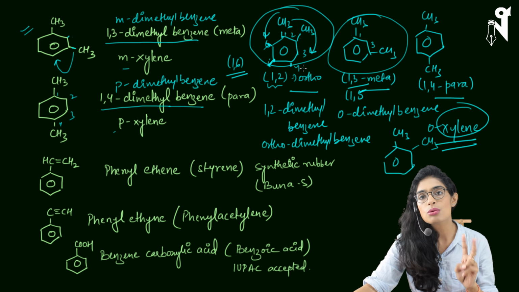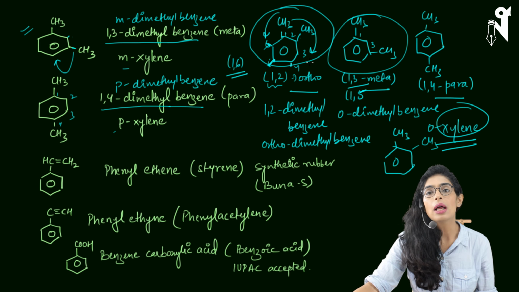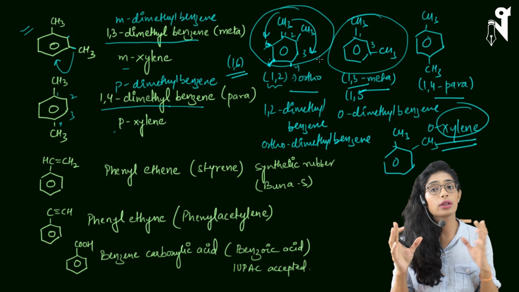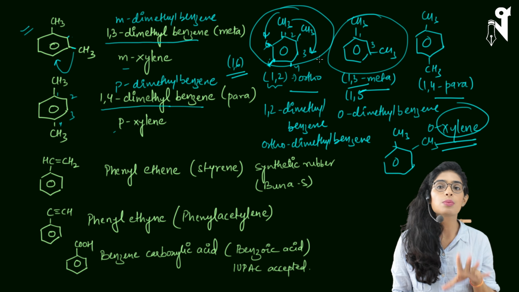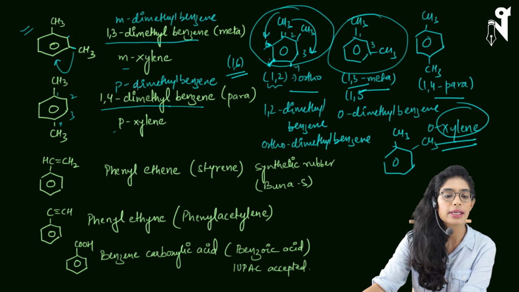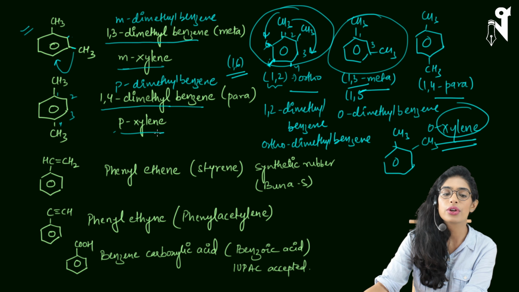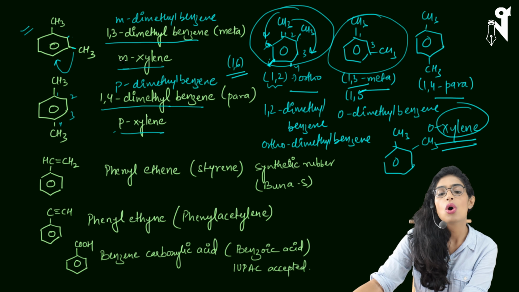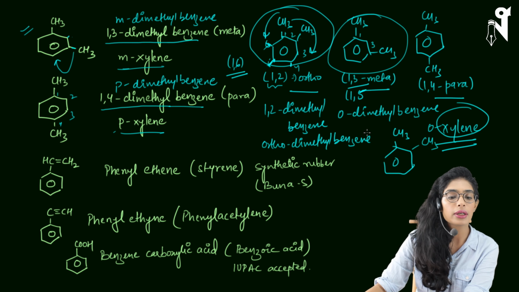So for meta, we have two types of positions, 1 comma 3 and 1 comma 5. For ortho, we have 1 comma 2 or 1 comma 6, and for para, we have one fixed position, 1 comma 4. So I hope you would have understood that's why metaxylene and paraxylene has been written over here, and in the previous case the name would be orthoxylene. That's all. Now look at the next compound.